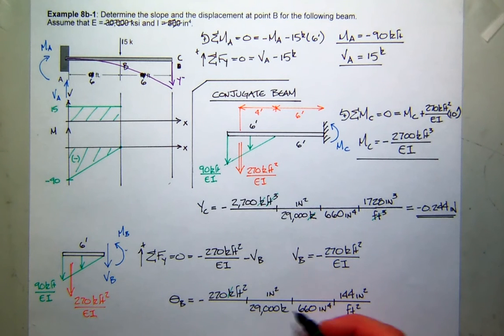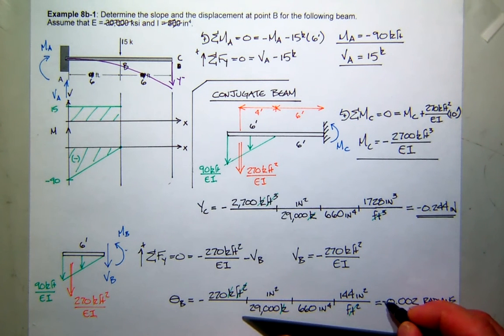So again, kips cancel, feet squared cancel, and you can see I have inches to the fourth in the numerator, inches to the fourth in the denominator, so I get a dimensionless value. Let's see what that's going to be. Usually these are very small. I got 0.002, and that should be radians. Oh, I forgot my minus sign. There it is.